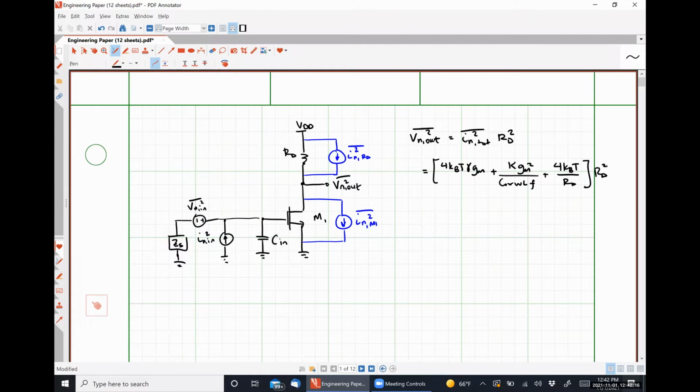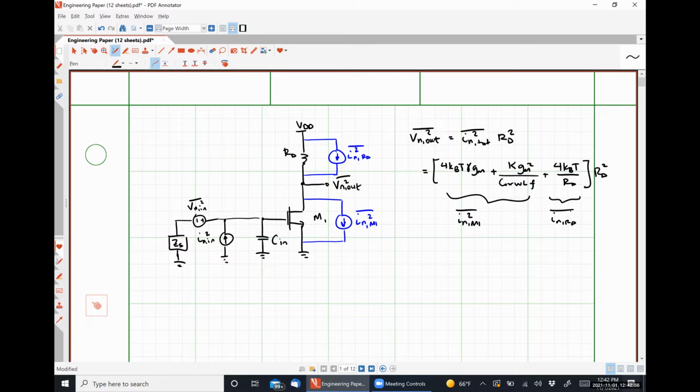So to be real clear, actually, let me lump these two guys together. This is the contribution from the transistor. This is the contribution from the resistor, where our transistor has both thermal noise, which is the bit with the 4 kBT out front, as well as flicker noise, which is the divided by Cox W L f bit, right?